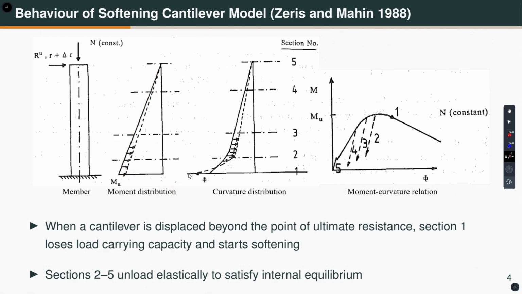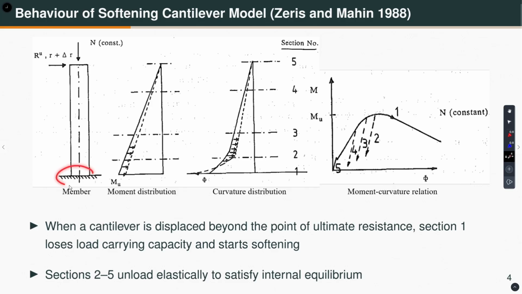If you look at the curvature, this is the height and this is the curvature. When you keep pushing it, at some point there will be inelasticity developed at the base of the cantilever column. So, the curvature variation is, let us say, something like that, and we are talking about the actual behavior of this cantilever.